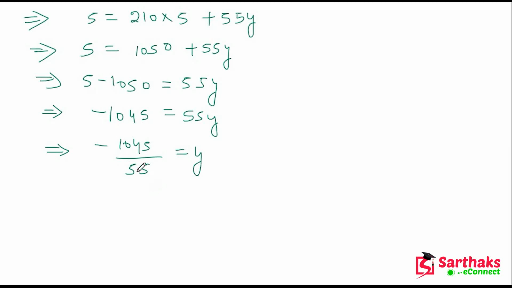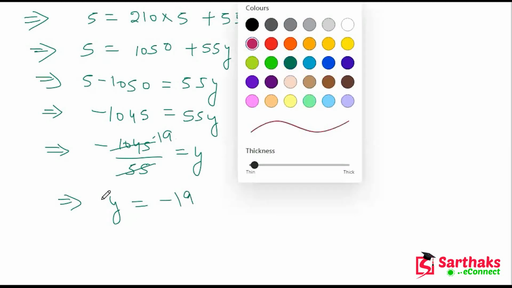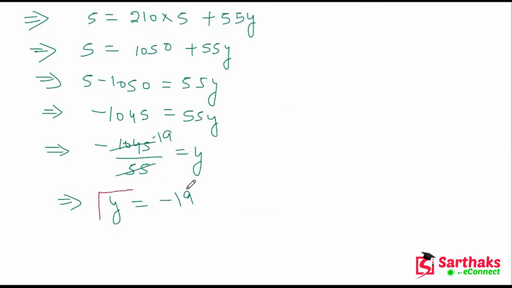If we divide 1045 by 55, it goes completely 19 times, and the value of y is equal to minus 19. So this is our result. So the value of y is minus 19.